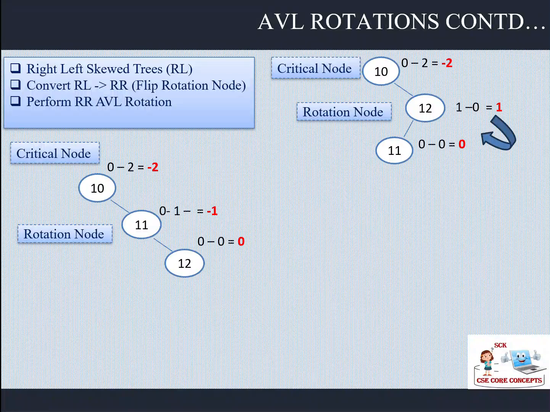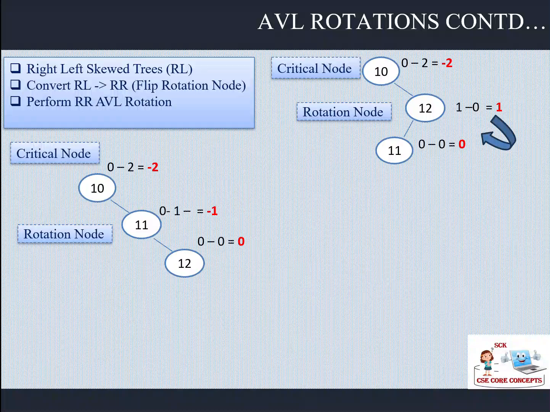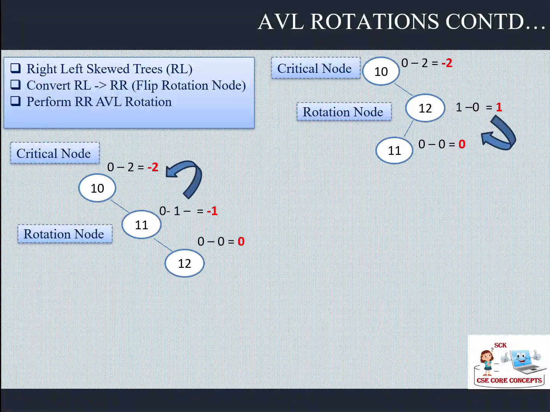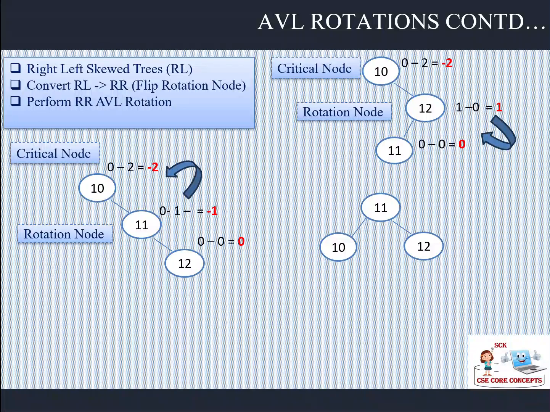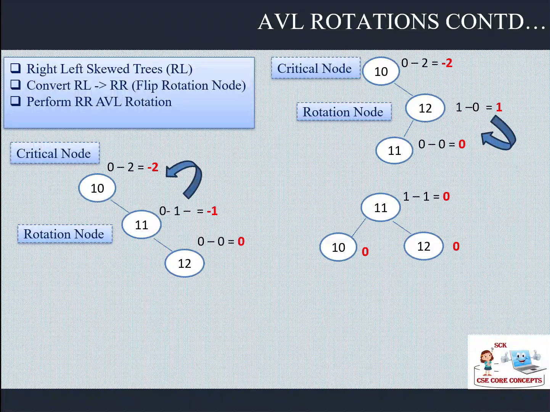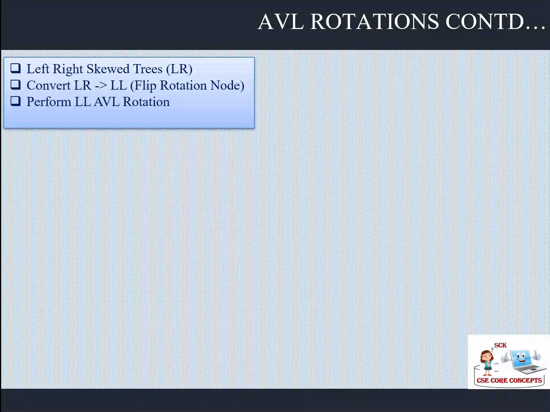Now we perform the simple RR rotation: we keep the rotation node 11 fixed and rotate in an anti-clockwise direction. Now 11 becomes our root node with balancing factor 0. 10 is the left node, 0, and 12 is the right node, 0. So you can see how we have converted a right left skewed tree into a balanced tree.